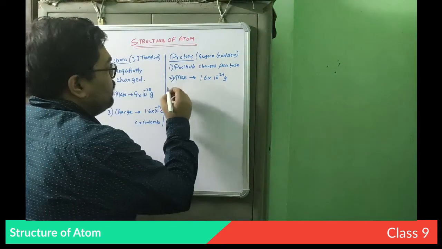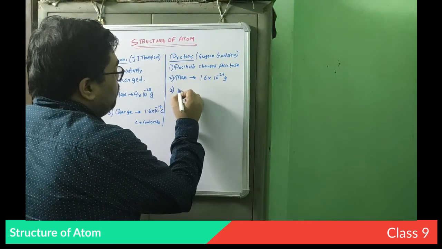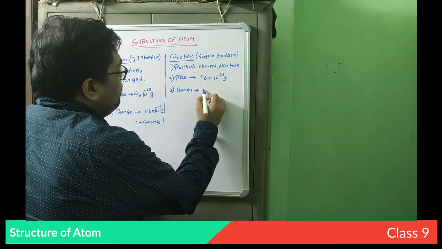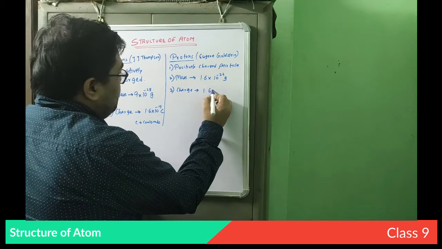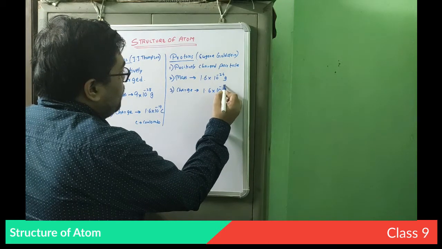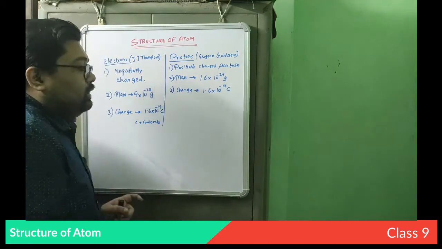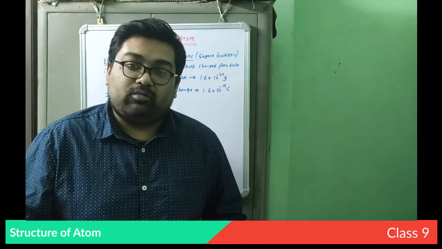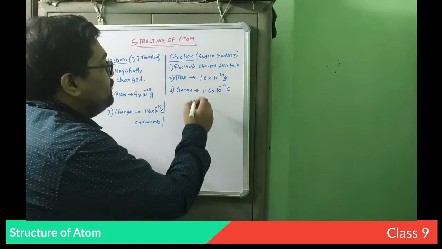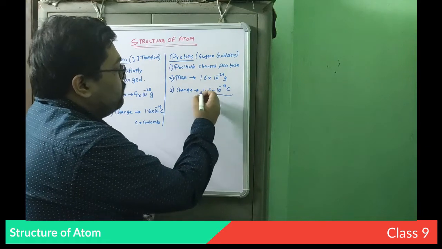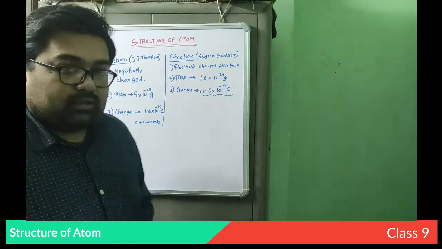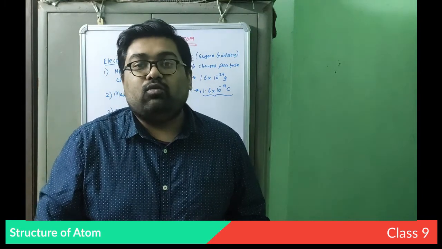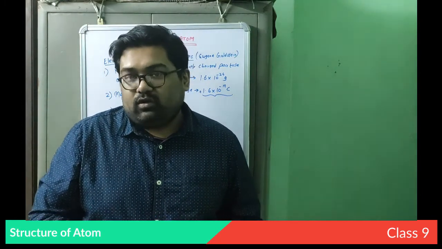And if we talk about the charge, it is 1.6 into 10 to the power minus 19 coulomb. As protons are positively charged particles, this charge is positive, that is, a plus sign will be there. That means it carries 1.6 into 10 to the power minus 19 coulomb of positive charge.